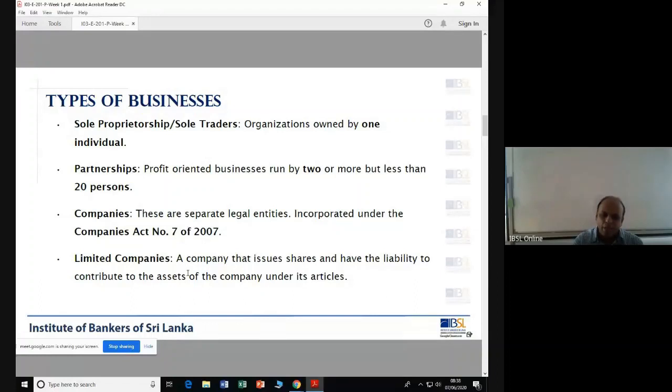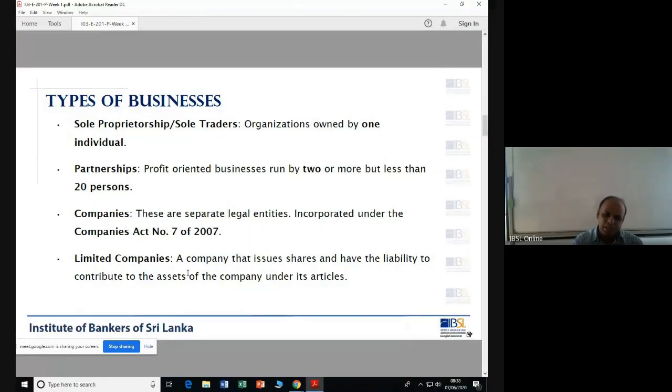So what is the limit? The liability is limited to the assets of the company. They will be obliged to meet their liabilities or obligations to the extent of the assets of the company.